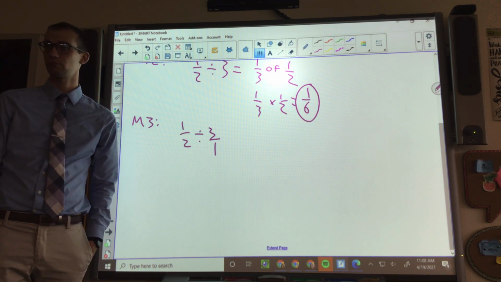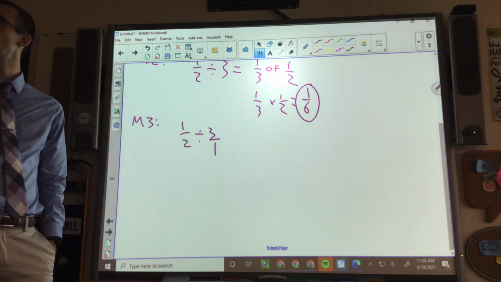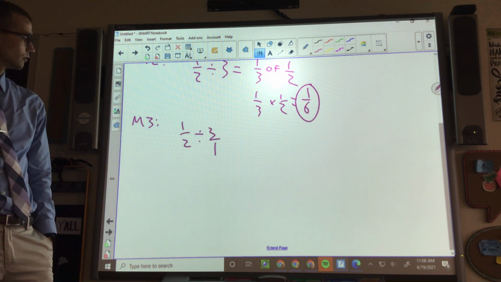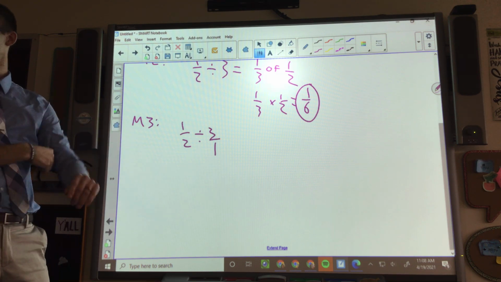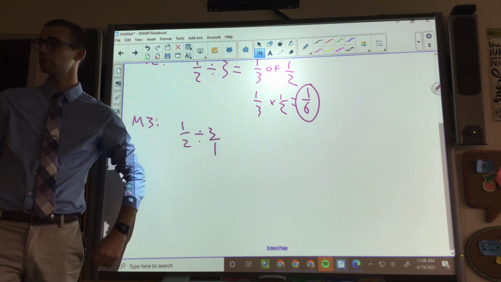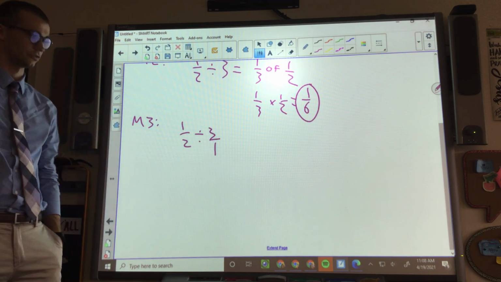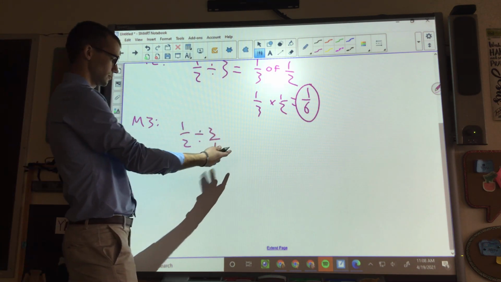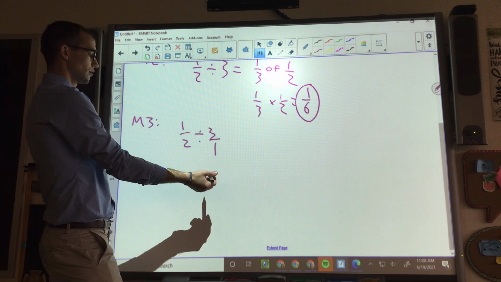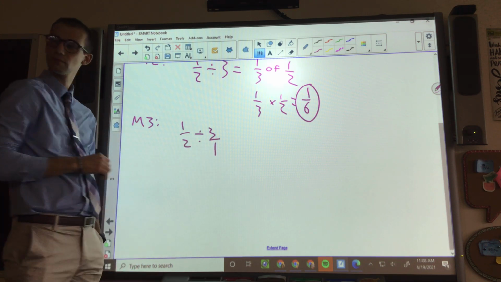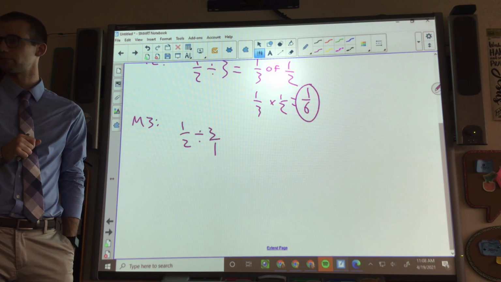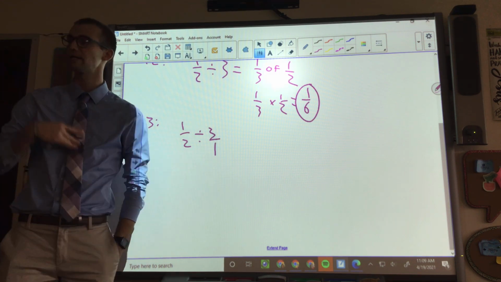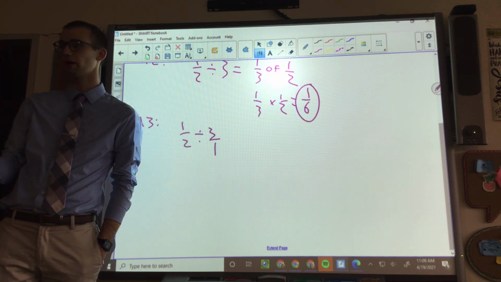It's the same thing. Kian knows. What? You mixed up the 3 and a 1. No. Yep. The 1 does have to go on the bottom, yes, because you're doing 1/2 divided by 3. I said the 3 has to go on the bottom. No, the 3 does not have to go on the bottom, because you are doing 1/2 divided by 3, not divided by 1/3.